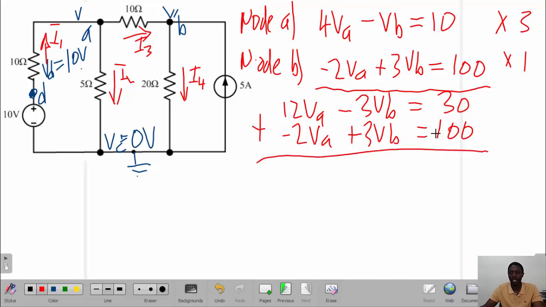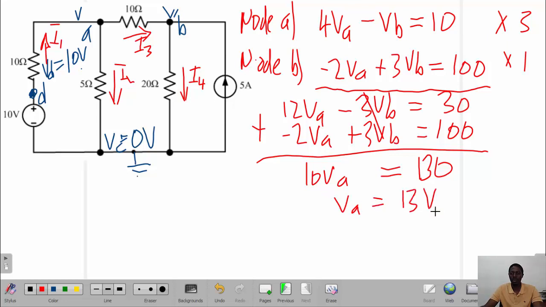When we add these, the VB terms cancel out, so we remain with 10 VA equals 130. So our VA is simply 13 volts.